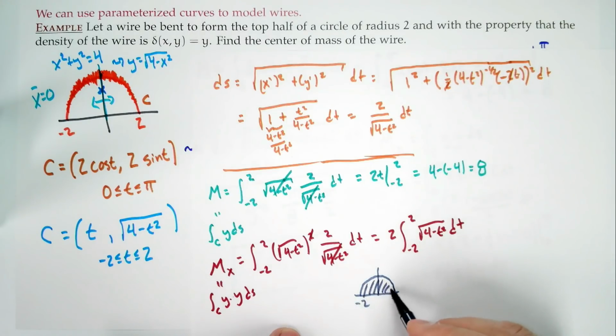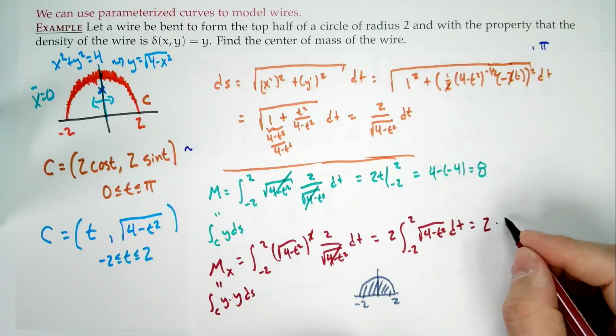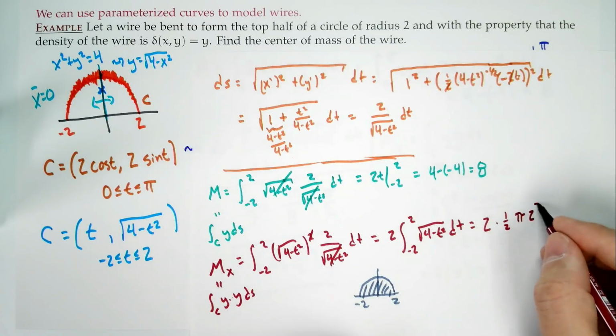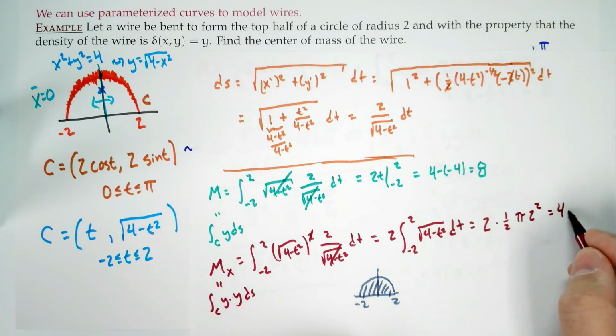So it's this area, which is half the area of the circle of radius 2. So this will become 2 times half of the area of a circle of radius 2, which is pi r squared. And that becomes 4 pi.